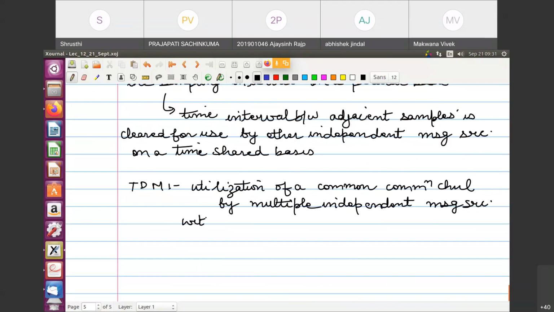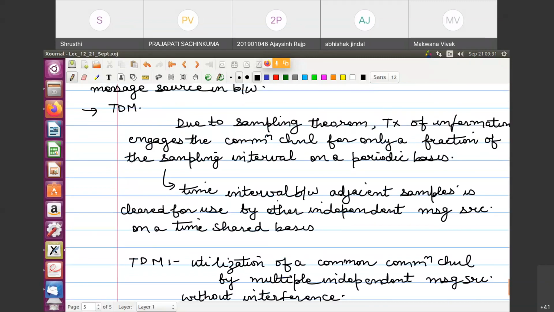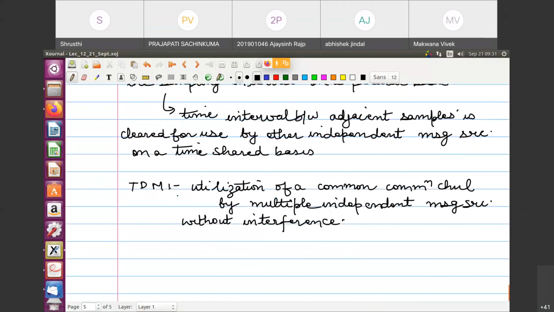Okay. So these terms are important, that it should not lead to interference. If at all it is leading to interference, this is not a good system. This cannot be referred to as TDM. Why? Because TDM in itself implies that there should be error-free or interference-free recovery at this end.